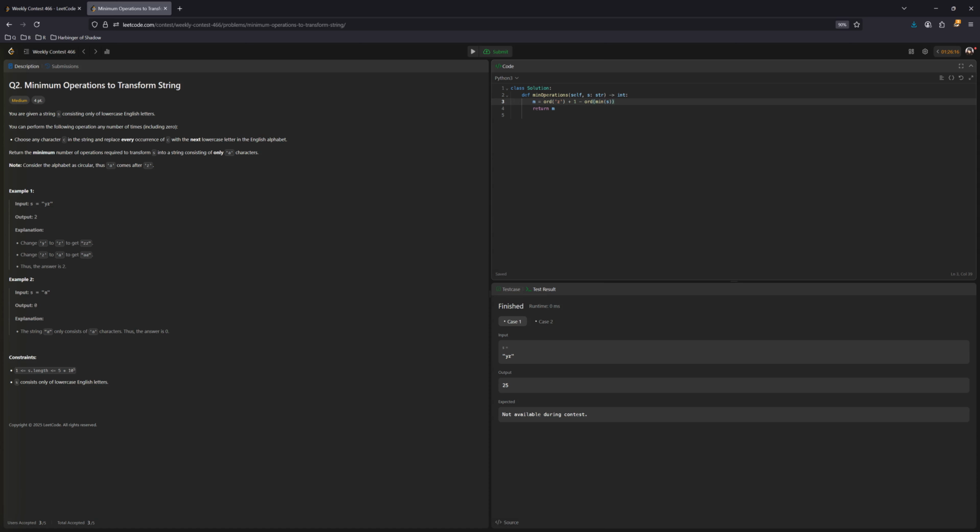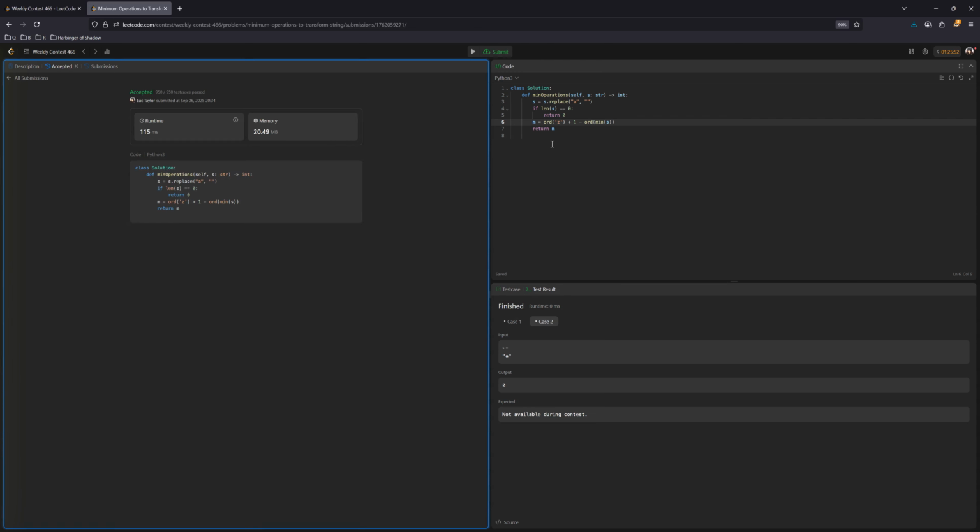Except we would want to ignore all A's. So S equals S dot replace A with nothing. If length of S equals 0, then return 0. Otherwise, we do the nonsense. All right. 2 and 0. All right, work.